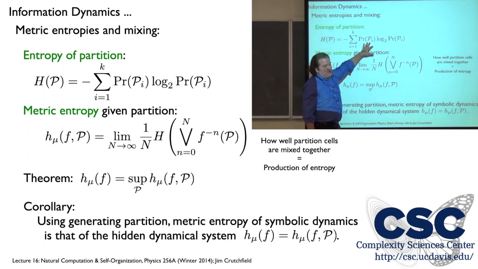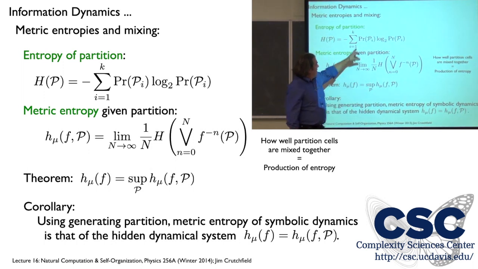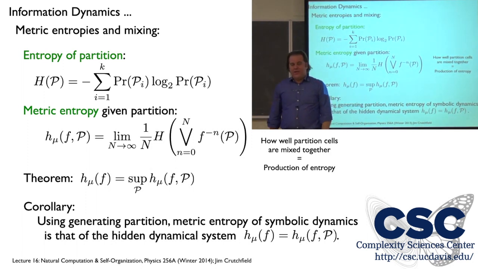We think of our measuring instrument as partitioning up the space into discrete cells, and we can look at the probability in each one of those cells. Each cell contains some part of the invariant distribution, and then we can calculate the uncertainty in that: how uncertain we are as to what partition element we're in. That's the Shannon entropy of a partition.